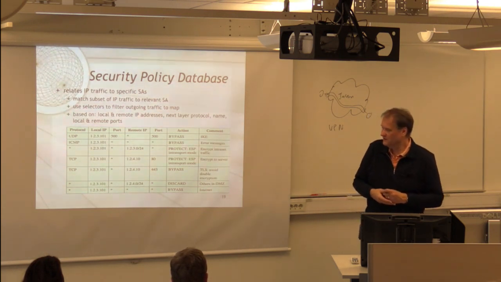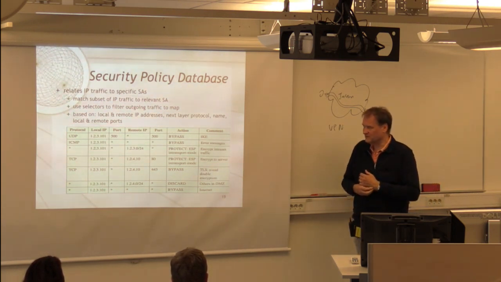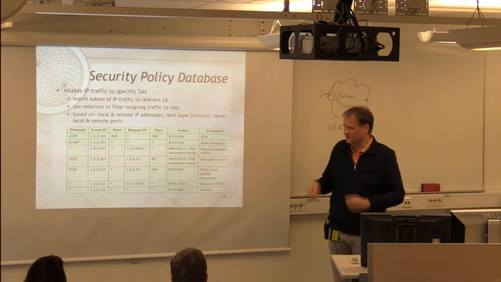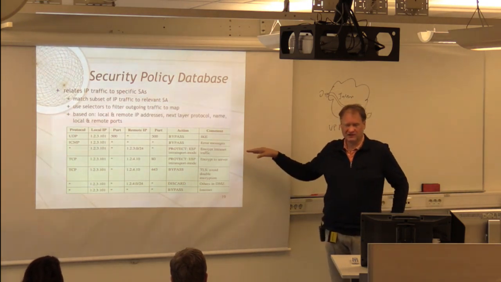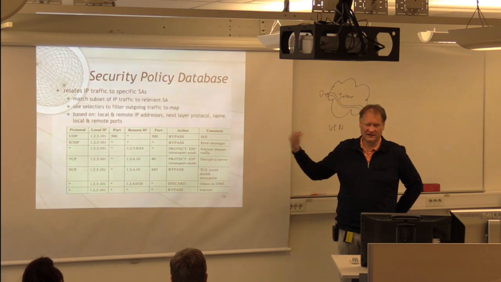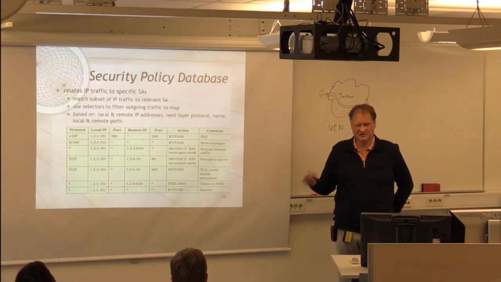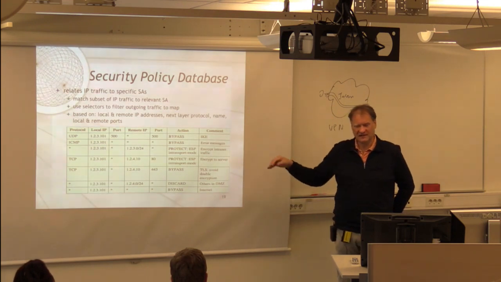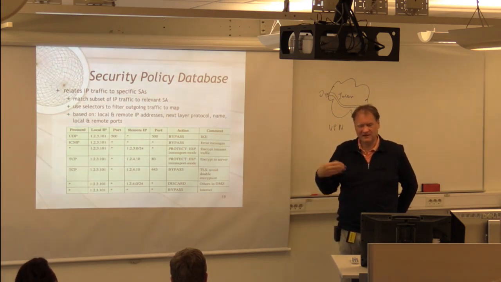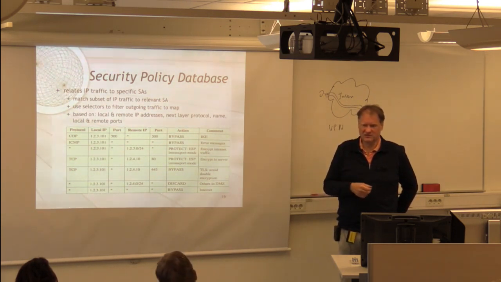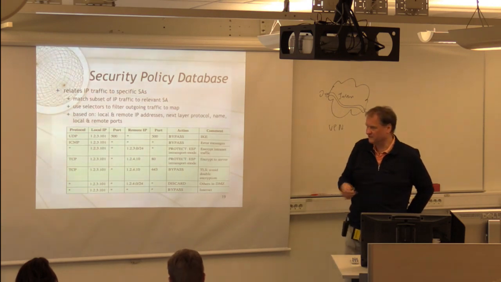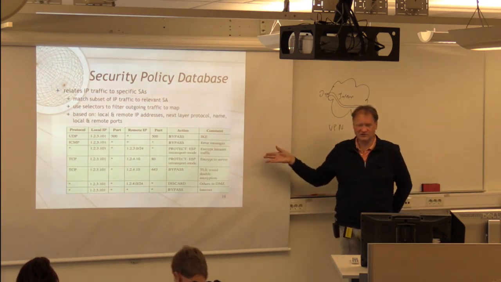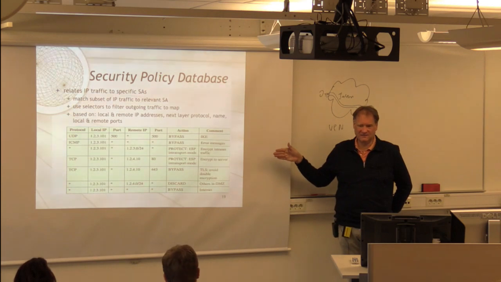And of course, if the policy says that you need to encrypt using a higher key size than something else, that will be slower. So depending on what you decide here, you will get some performance penalty on each security association. If you make it more secure, then it will be a little bit slower. That is something you have to think about when you write your policy, so you don't make it more strict than needed.